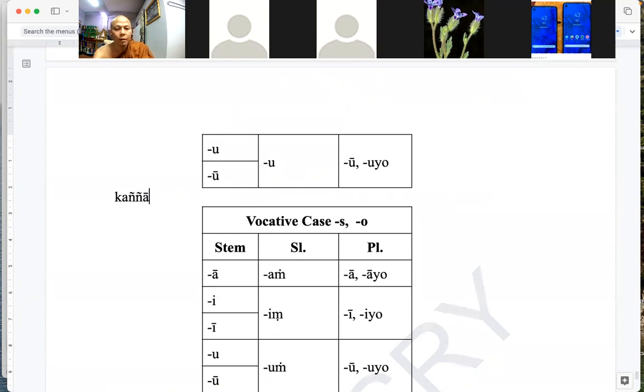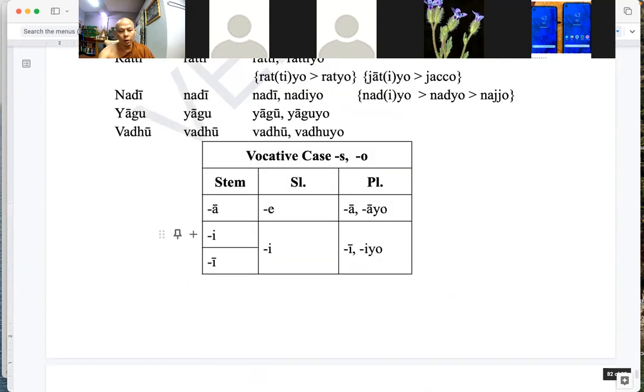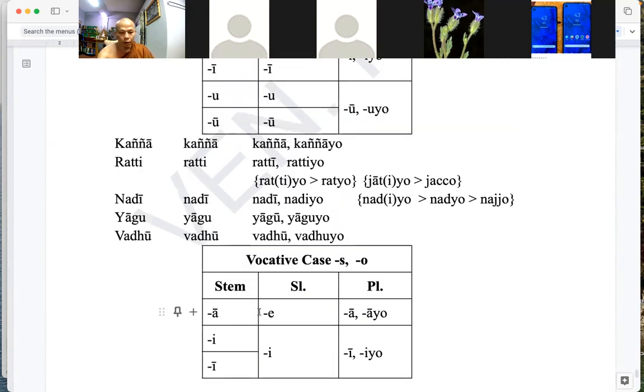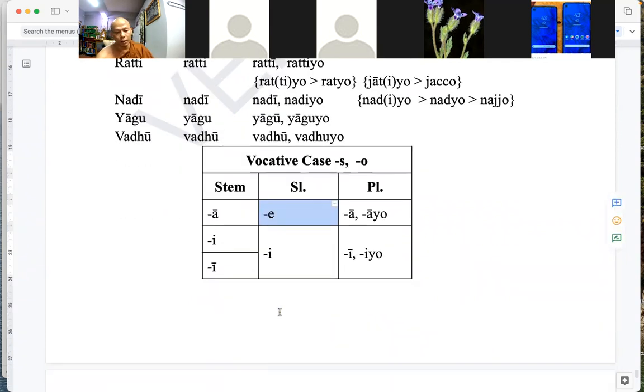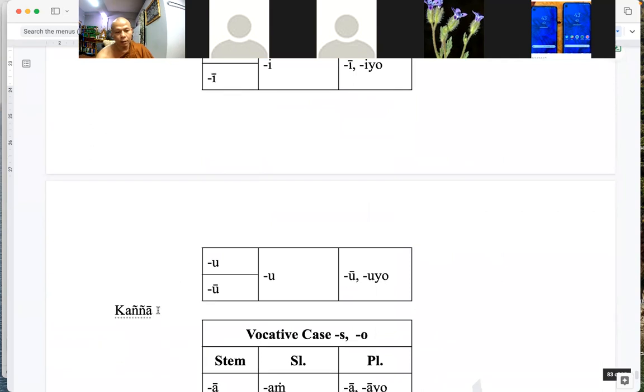So kanya, in the vocative case, here, you know, A is changed to E, or A replaced by the E. So that is in kanye. As the vocative case singular, kanye.